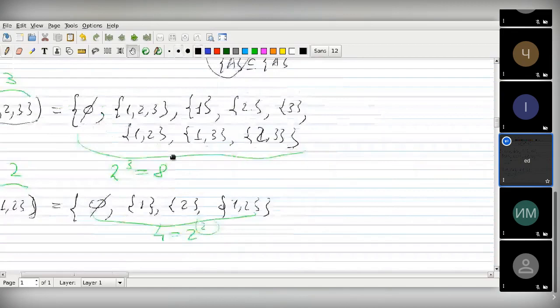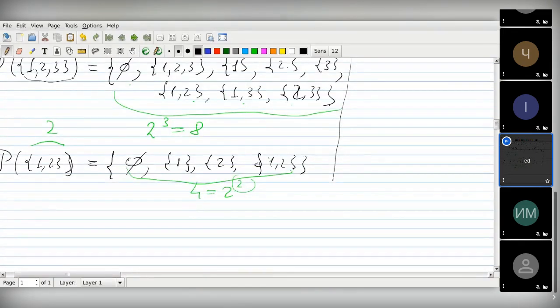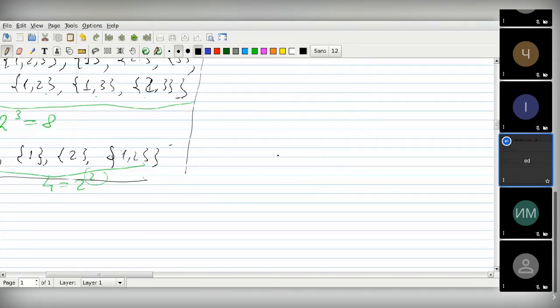Okay. By the way, you may quite beautifully depict these sets in a diagram. Namely, the empty set is a subset of both singletons, while these two are subsets of this one.